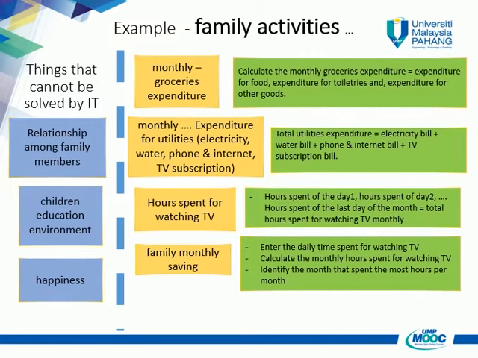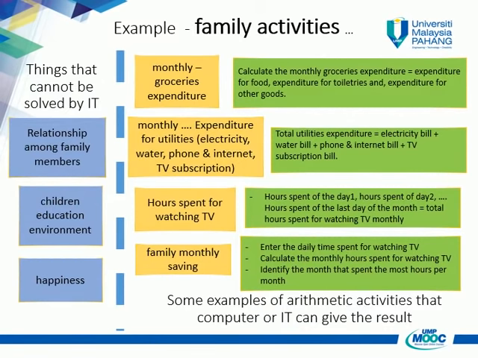The similar details apply for calculating the utilities expenditure, calculating hours spent watching TV and calculating the monthly saving in any bank. By these examples, it is hoped the students can get some initial idea about daily life activities that ICT or computer can solve and otherwise.